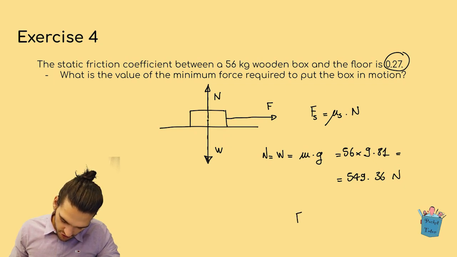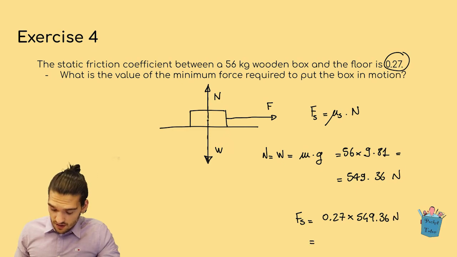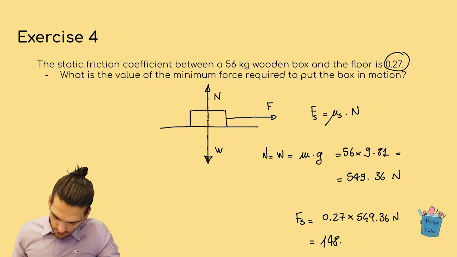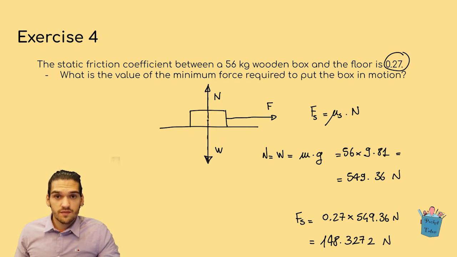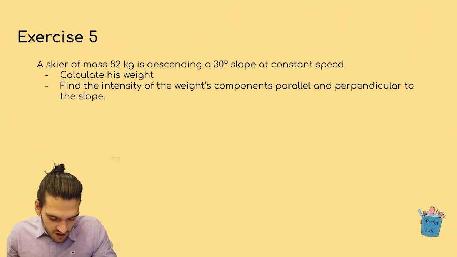So the static friction is equal to 0.27 times 549.36 newtons, and this is equal to 148.3272 newtons.